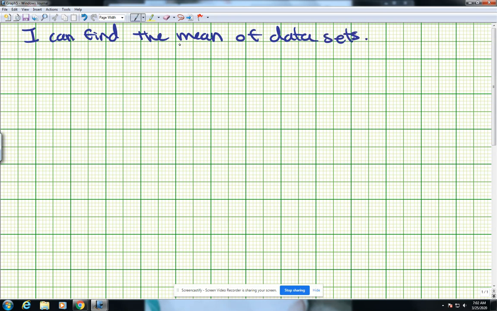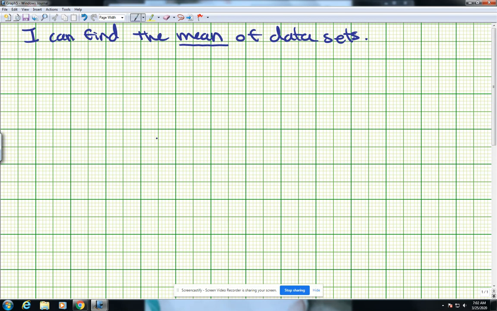All right, here's our big word for the day, mean. So at the top of 398, we'll take a look at what that is. It says a mean is a type of average. So if you think of asking yourself, what's the average temperature in January? You're going to take some of the higher ones and some of the lower ones, and you have to kind of find the middle-ish. So here's how to do it.